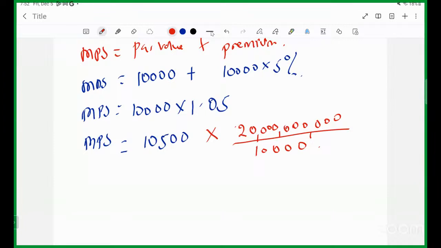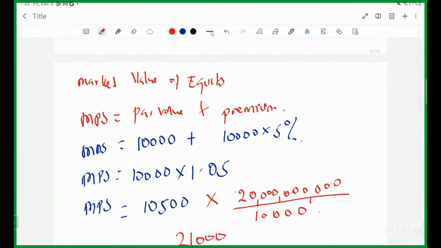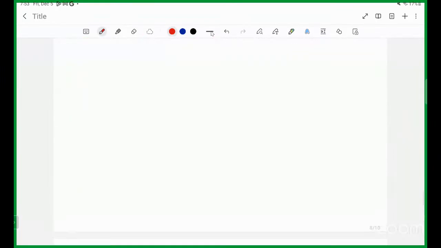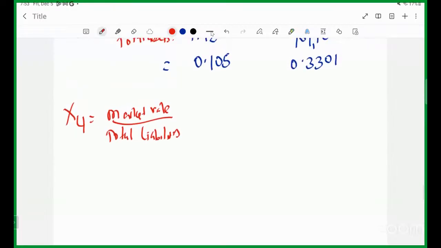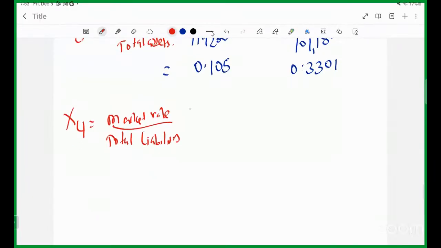You can carry the 6 zeros back if you want. What do we get? 21. And remember, it is going to be the same because they did not change. So you go back in your table and do the 21.